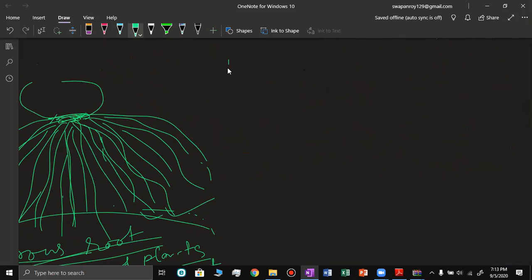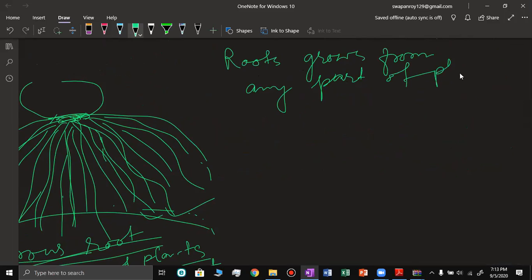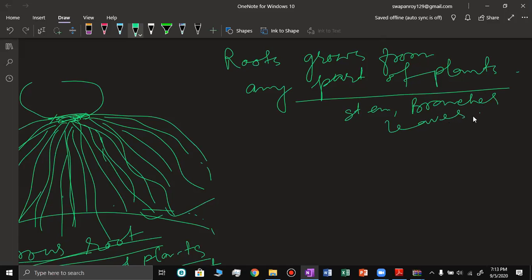That is, roots growing from any part of the plant, from the stem, from the branches, from leaves, any part other than the radicle.